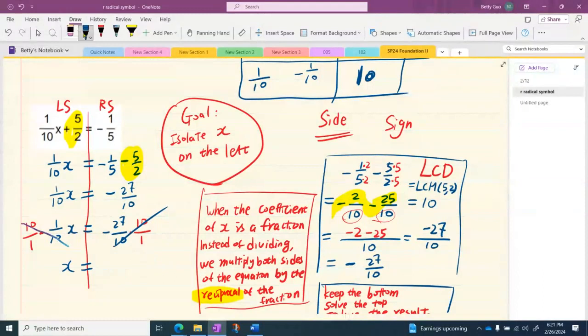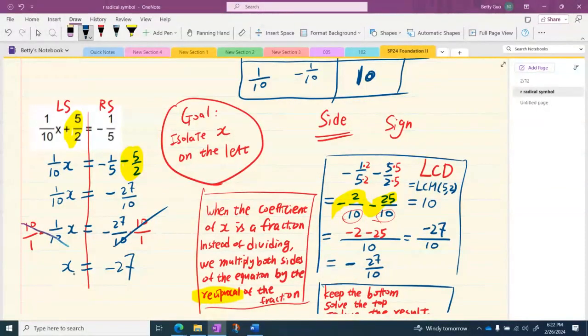So on the right side, we have -27. If you have time, you should plug in to double check that -27 satisfies the equation. We are not going to do that in this question. So that's the first method, okay?